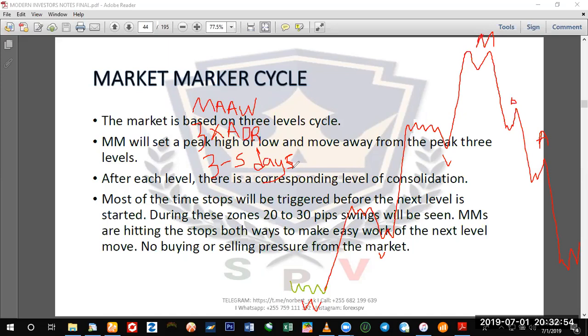If I see an MAAW without the 3 times ADR, but with the 3 to 5 days cycle, then I'll look for a reversal there. If I have the 3 times ADR with the 3 to 5 days, then I'll look for a reversal without the clear MAAW or WVVM. So the 3 criteria, the 3 confluences, I'll combine the 2 for a powerful reversal.